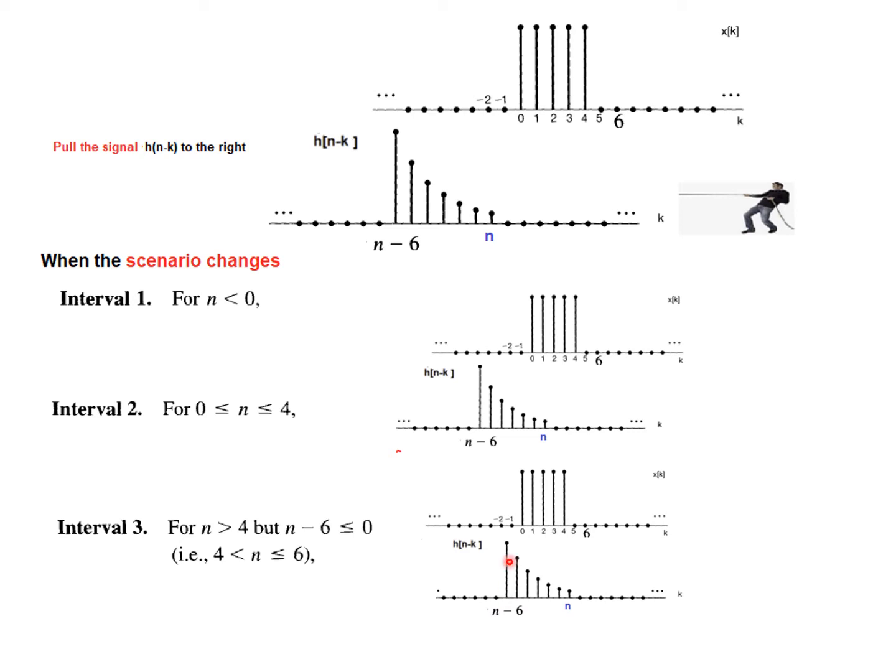Till such time as n minus 6 is less than 0, not touching 0, this is one scenario. The moment this touches 0 or crosses it, the scenario will again change. This was our third interval. We can also say that n is between 4 and 6. This is the third scenario change.